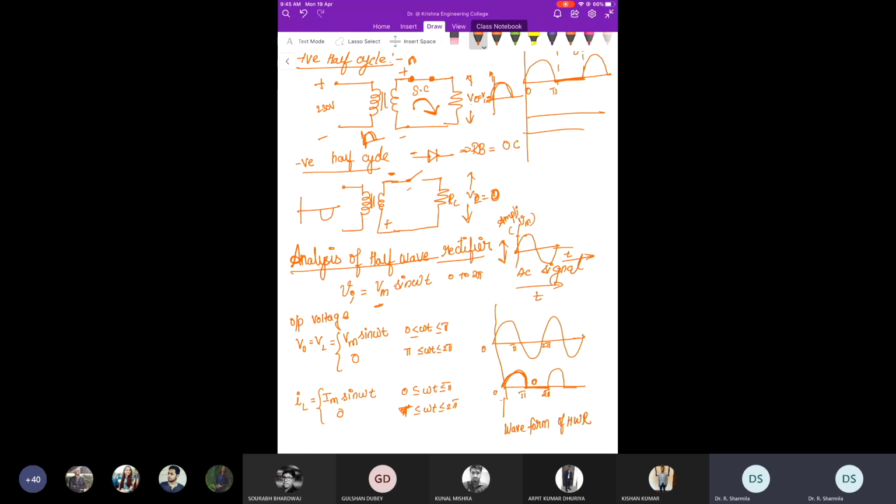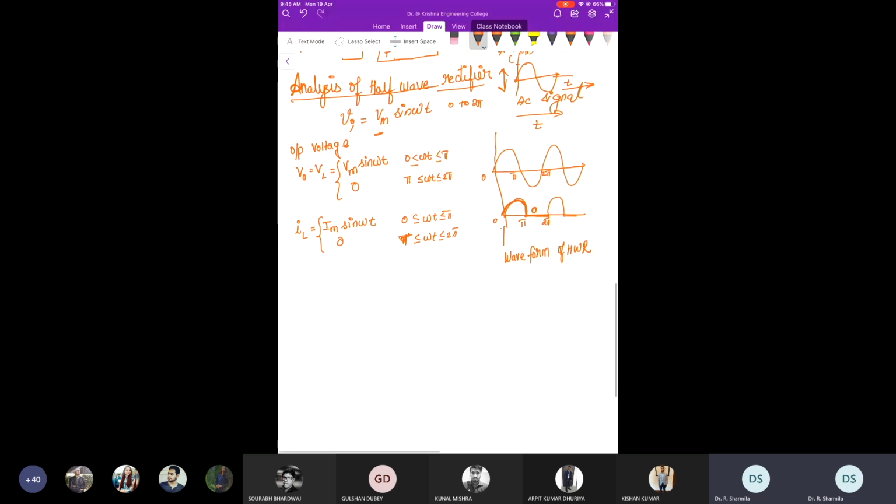Now the parameters we are going to measure: first I will measure the DC current, or I can call it the average load current.